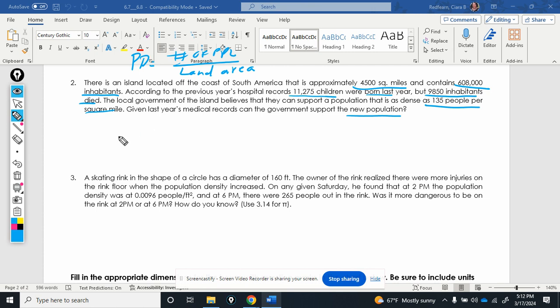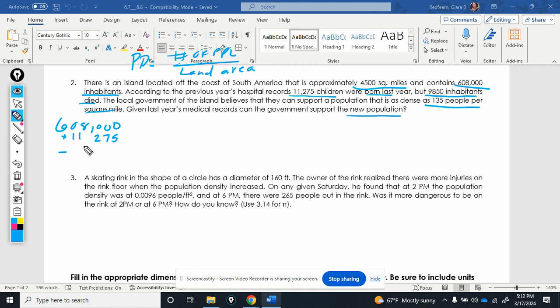Okay. So now we need to figure out the number of people. How many actual people are on the island so we can figure out our population density. So we began with 608,000 people, and then we had 11,275 people born. So we're going to add that.